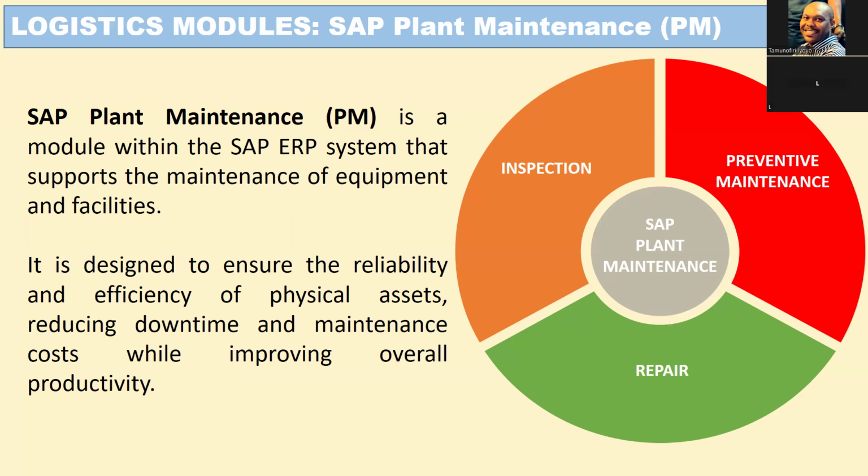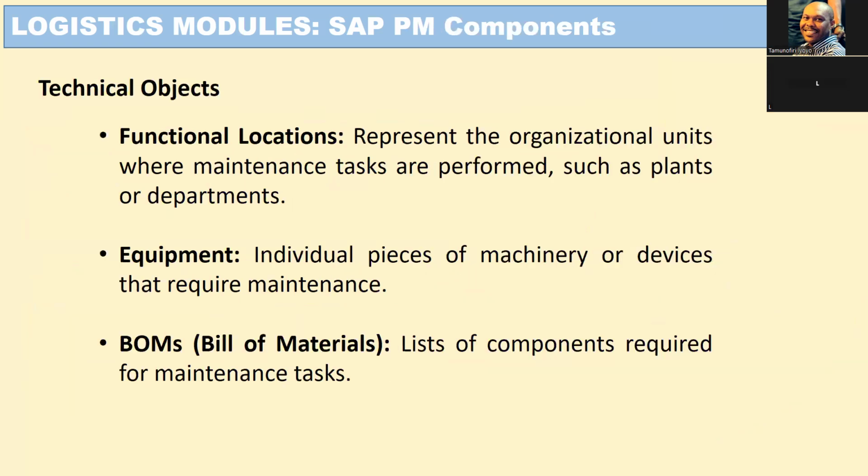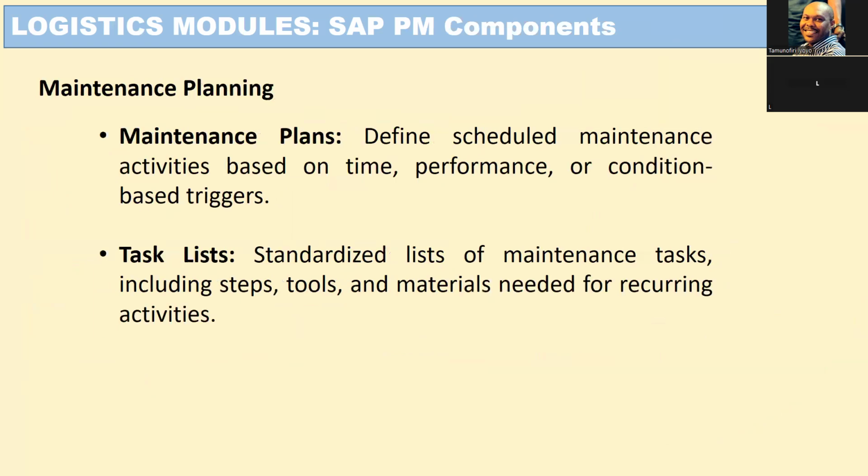The components range from inspection to preventive maintenance to repairs. So there are certain technical objects now. When we talk about plant maintenance, we have the functional locations. It represents the organizational units where maintenance tasks are performed, such as plants or departments; the equipment, individual pieces of machinery or devices that require maintenance; and the bill of material, which we saw earlier, the list of components required for a particular maintenance task.